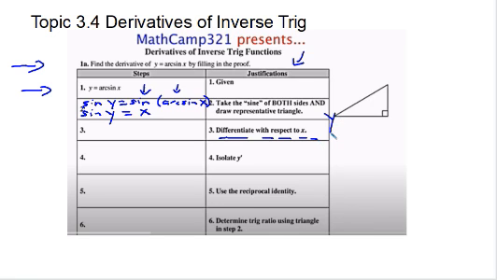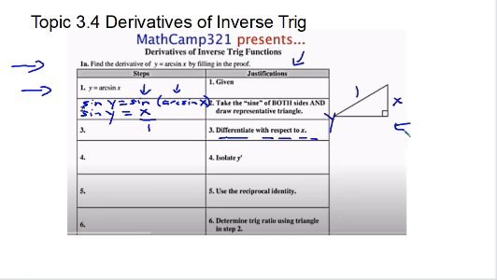We'll call that angle y. And because I know that the sine of an angle is opposite over hypotenuse, we're going to call this the x and this the 1. All right. Now, what would that make this third side be?